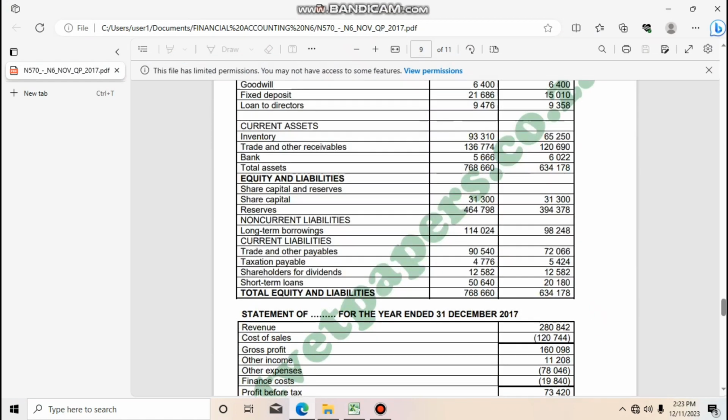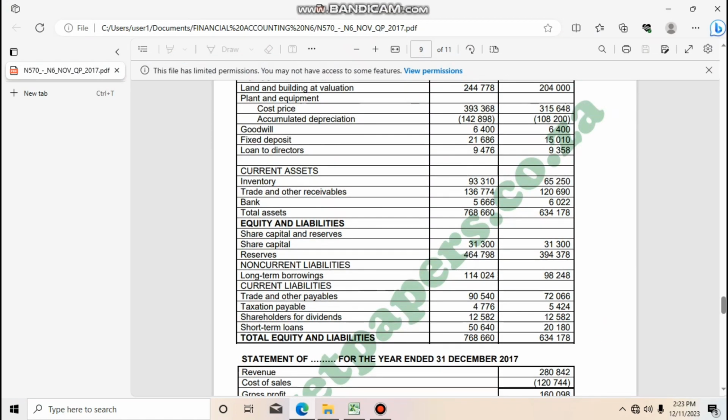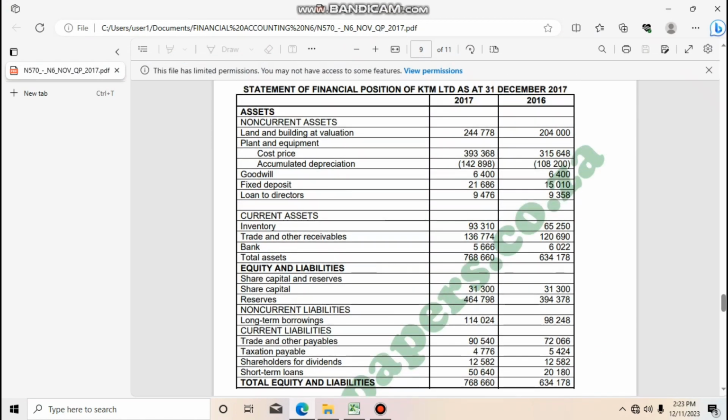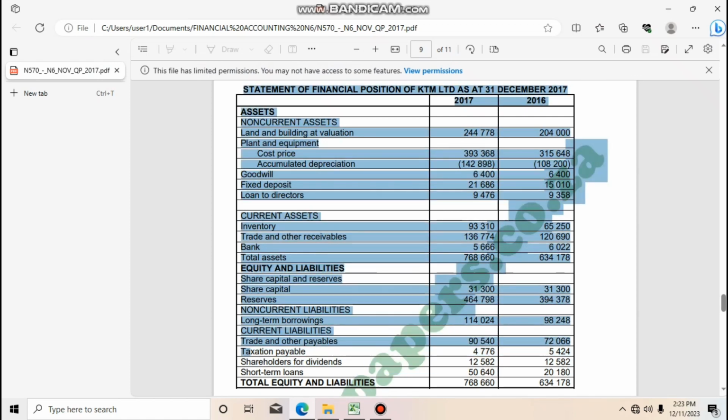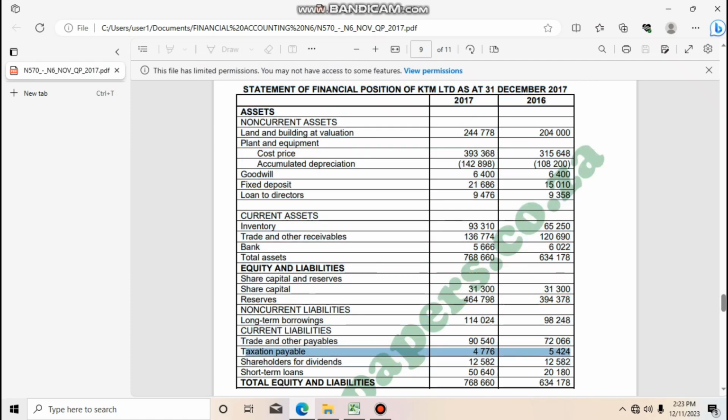The balance at the beginning for taxation, I'm only going to find the balance at the beginning and the balance at the end on the statement of financial position. So looking at the statement of financial position, under the current liabilities we have taxation paid. That's where we're going to find the balance at the beginning and the balance at the end for taxation, right? So the balance at the beginning is the previous amount of 5,424.